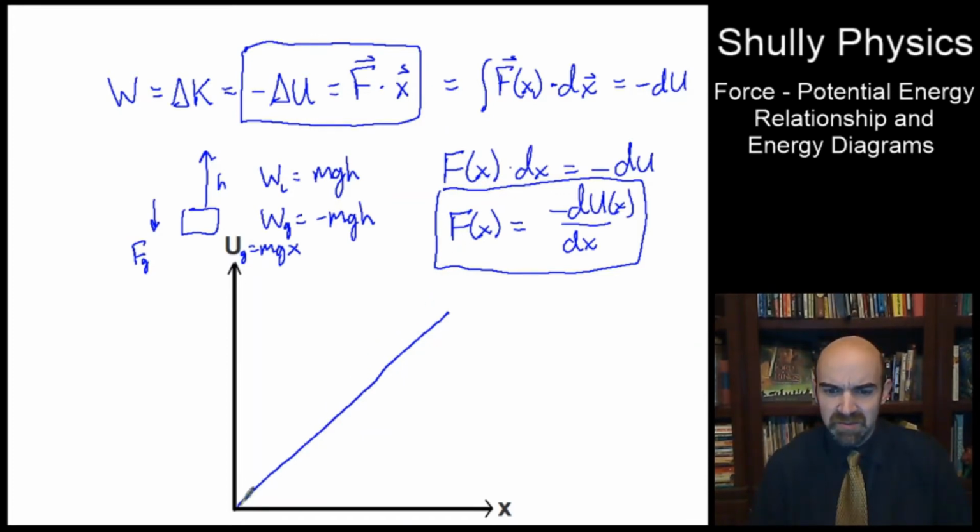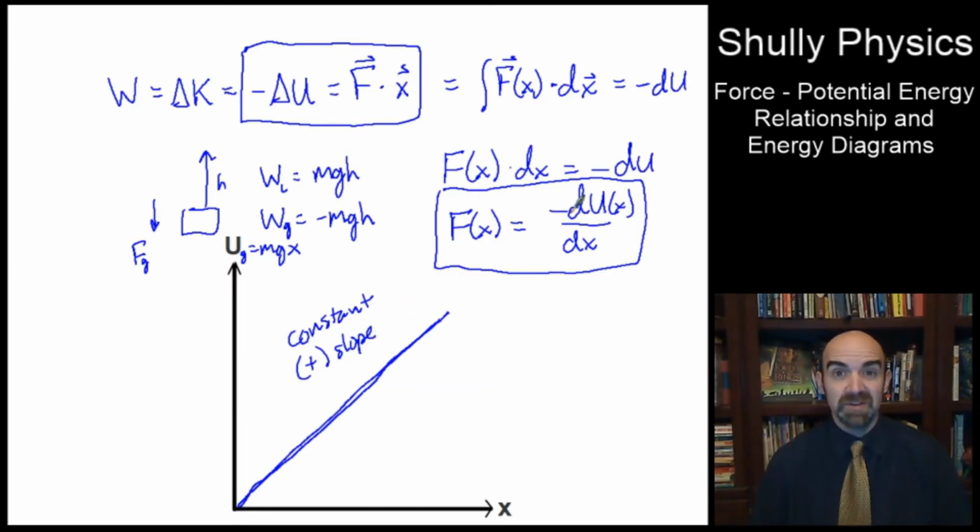So what kind of result would that give us if this is the U of x function? If we consider the negative slope of this U of x function, what kind of value do we get? Well, the slope itself is a positive slope, and it's constant. So this is a positive constant slope.